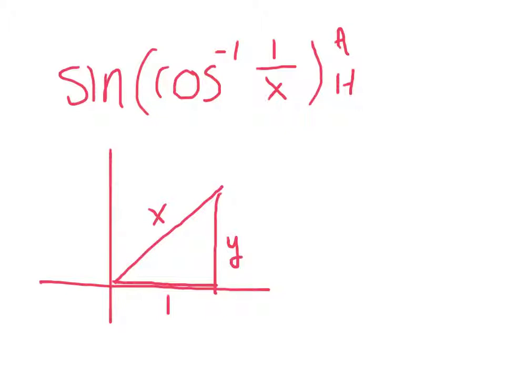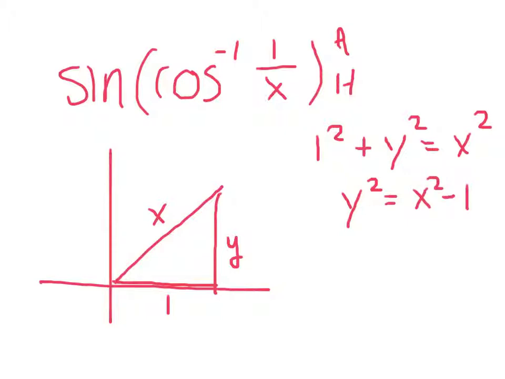And so I know that 1 squared plus y squared equals x squared. So I know that y squared is equal to x squared minus 1. And so I know that y equals the square root of x squared minus 1, which by the way is not x minus 1. You have to stop there.